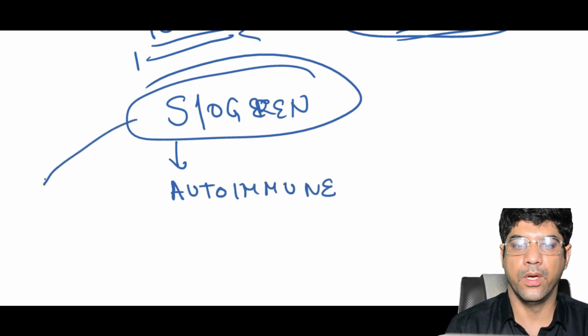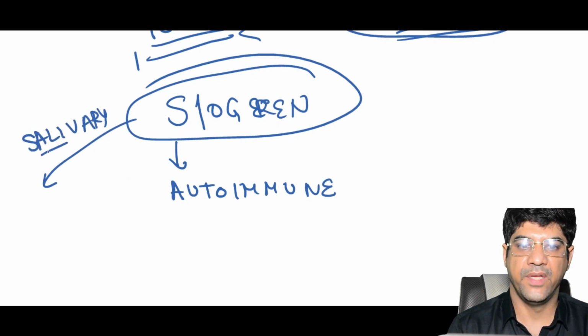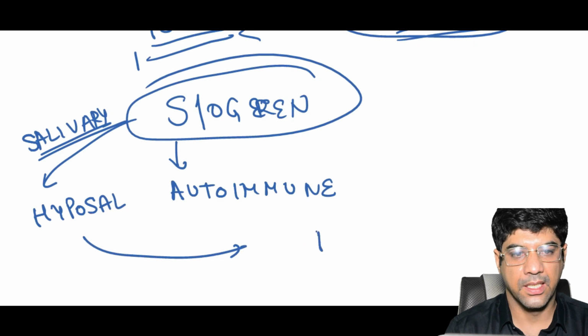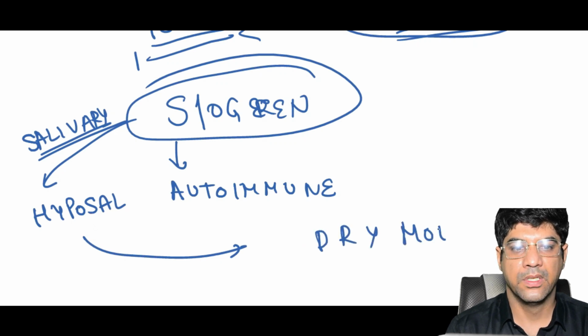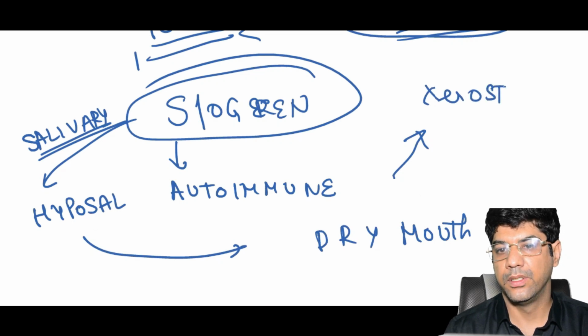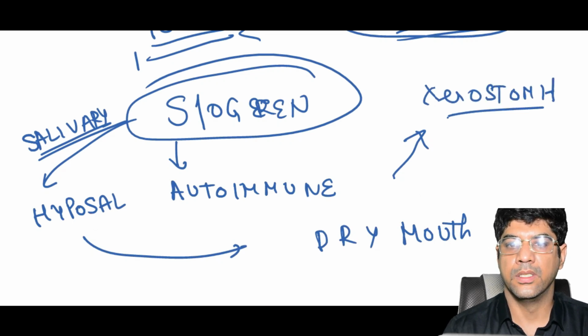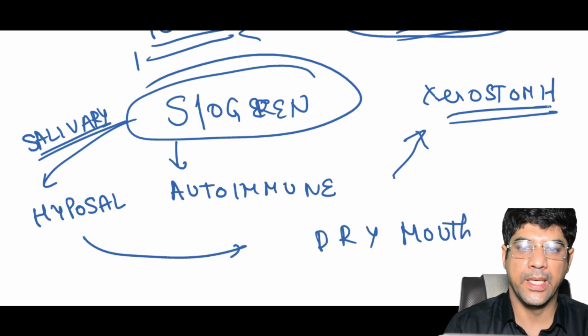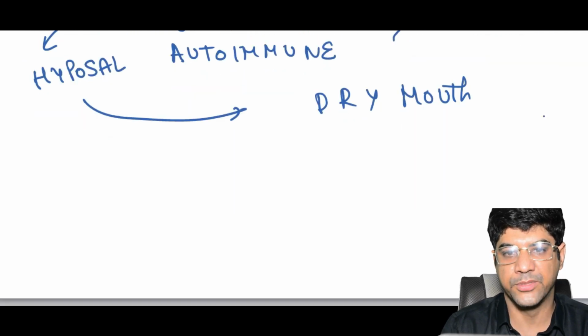It is an autoimmune disorder that targets the salivary glands, leading to their dysfunction and resulting in hyposalivation that causes dry mouth or xerostomia. That would affect speech, swallowing, and increase the risk of dental problems like dental caries.